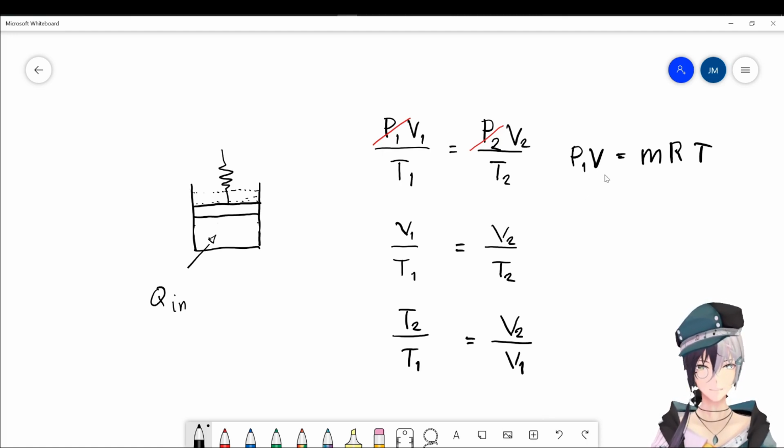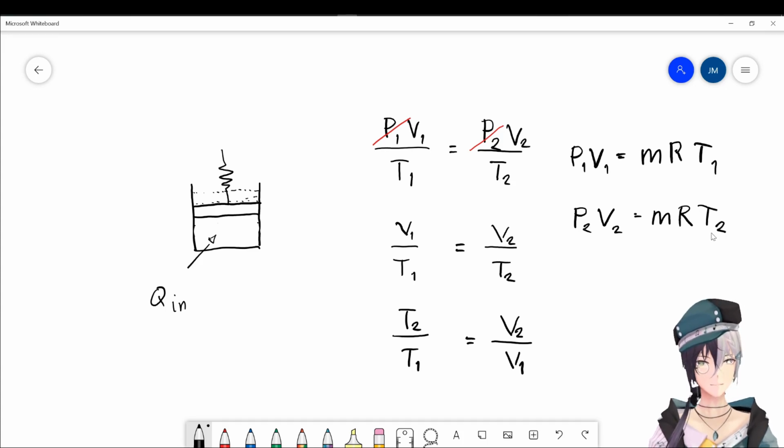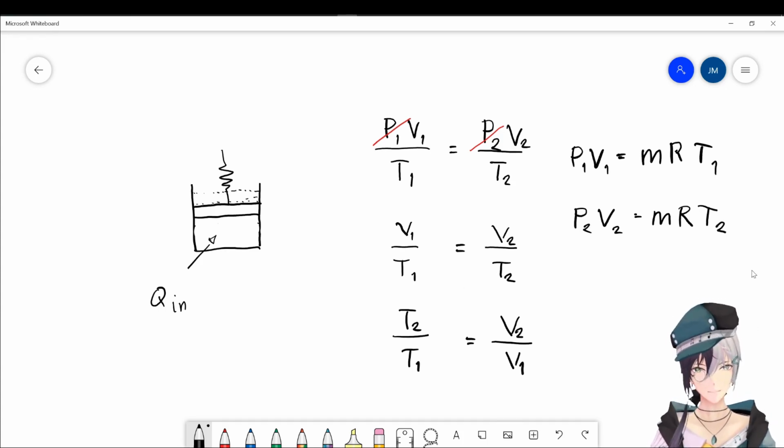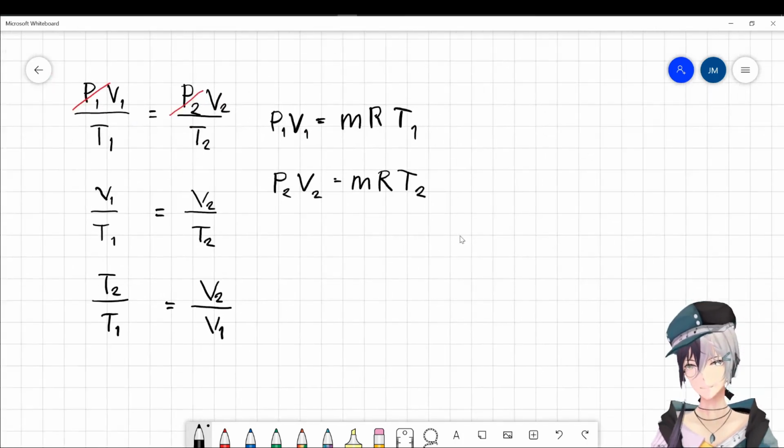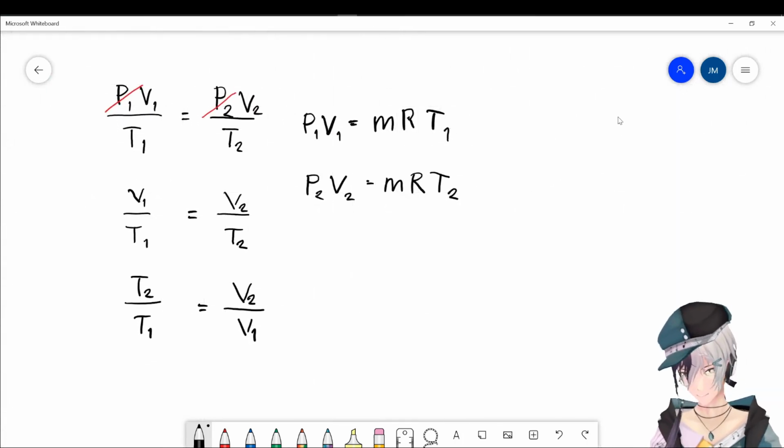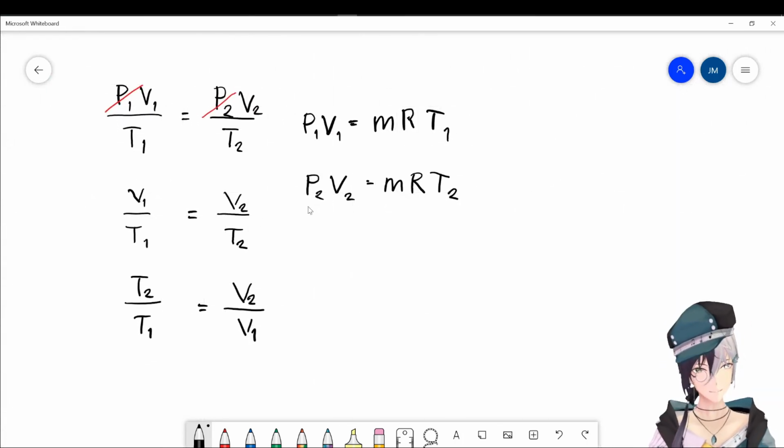For state 1, we have pressure 1, volume 1, mRT1. For state 2, pressure 2, volume 2, mRT2. Now, what is boundary work?